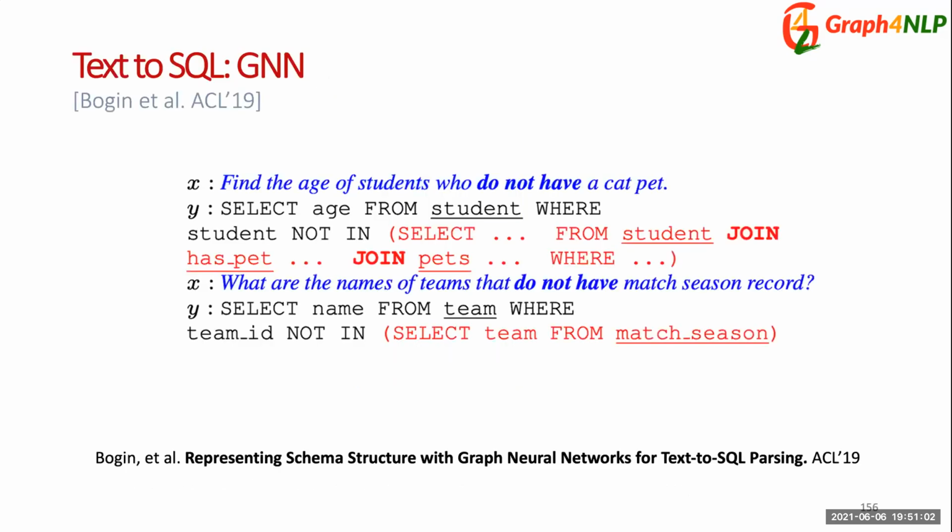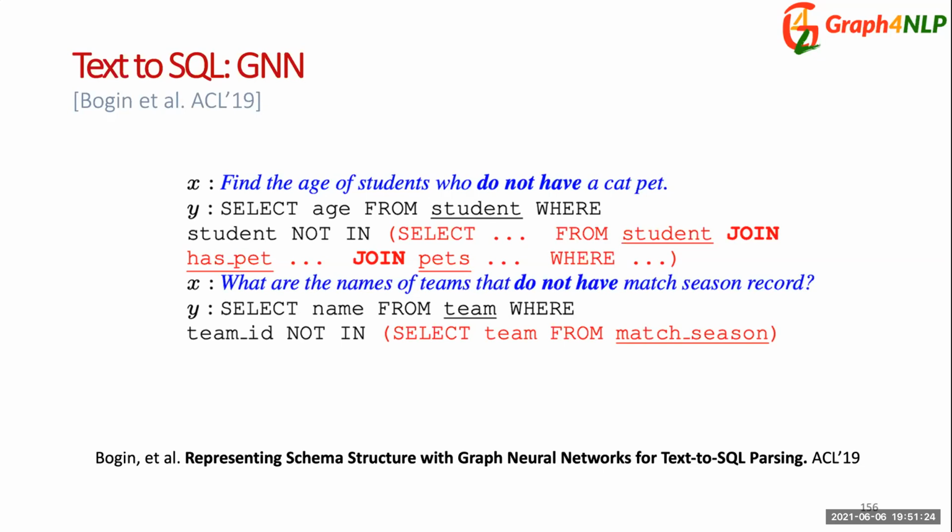One popular task in semantic parsing is text to SQL, also known as the natural language interface to databases. In this task, the input to the semantic parser is a natural language question, and often also the corresponding database schema or the entire underlying database.